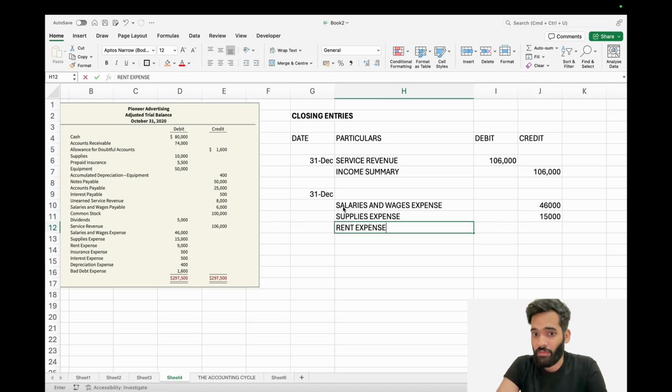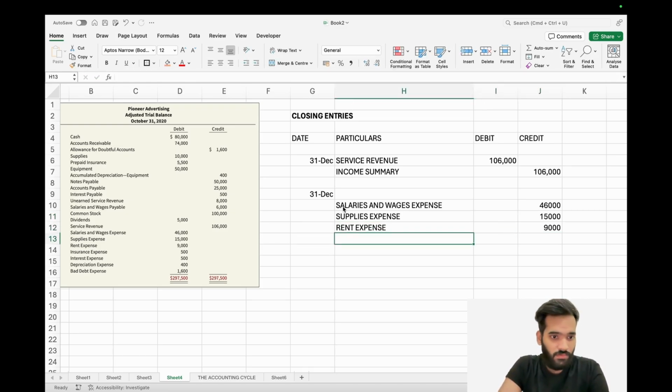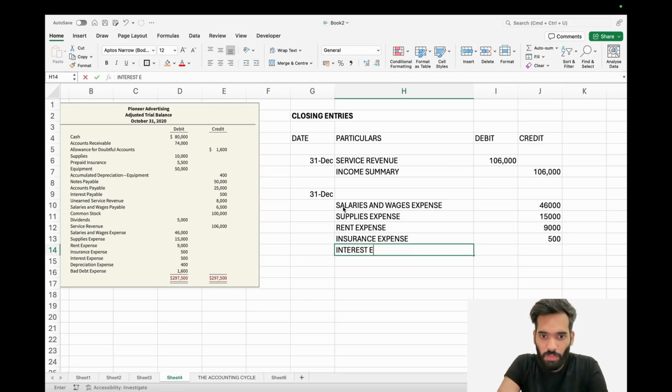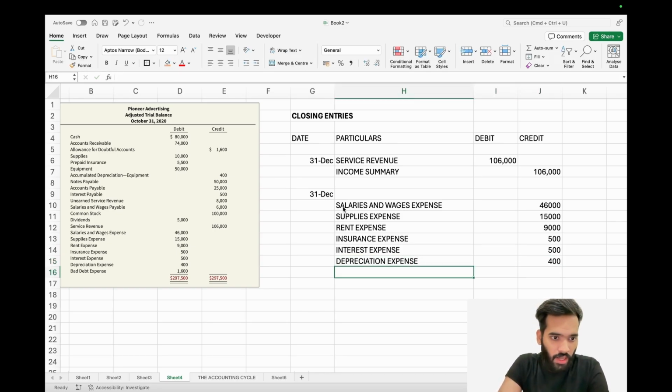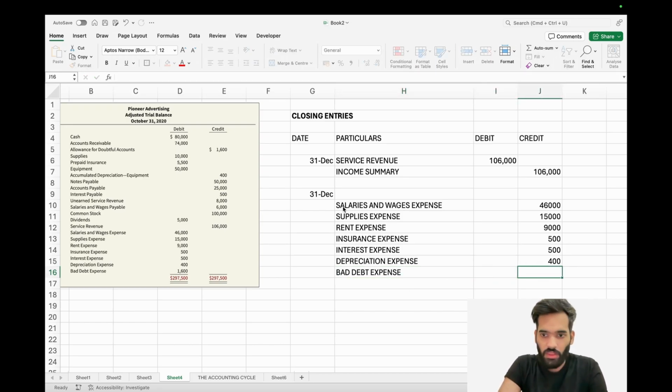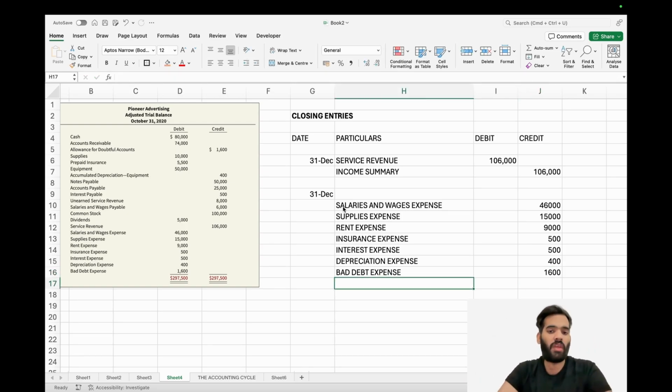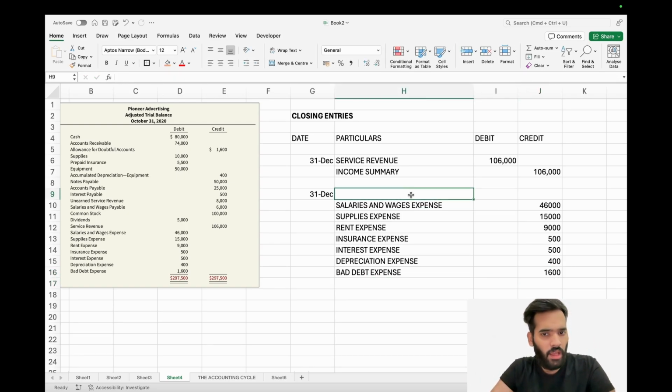Rent expense, we have 9,000. Then we have insurance expense amounting to 500. Then we have interest expense, which is 500 as well. Depreciation expense, which is 400, and last one, bad debt expense, which is 1,600. So now that I've removed all of the money from the expense accounts, what will be the debit side of the entry?